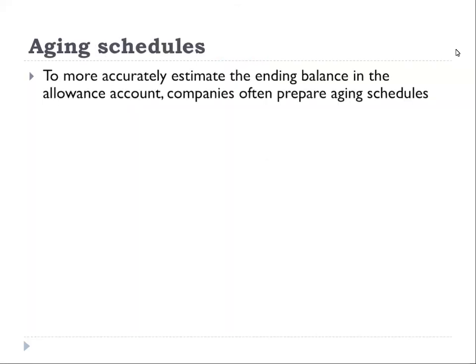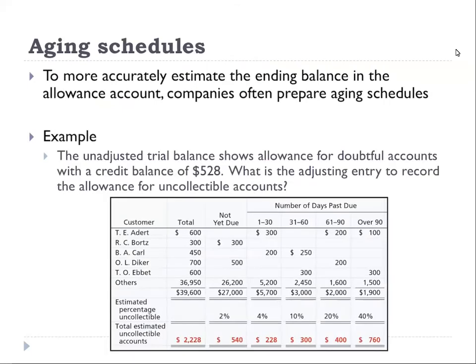Sometimes, to more accurately estimate the ending balance in the allowance account, companies may prepare an aging schedule. What do we mean by this? This is the total account receivable balance, and this balance is made up of receivables from different customers. For different receivables, they may be due for different amounts of time. For example, a receivable which is due over 90 days has a higher probability of default.